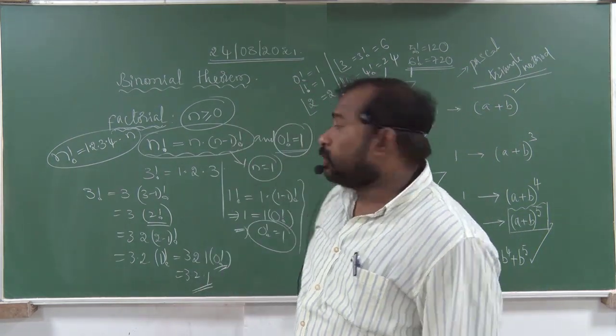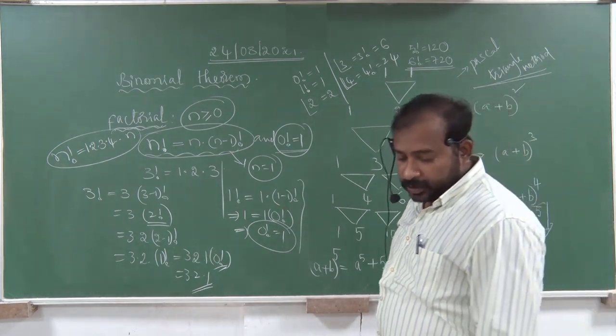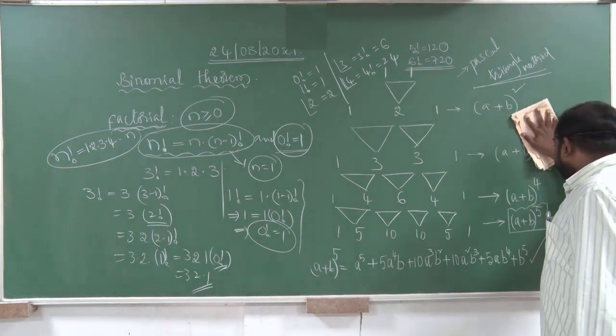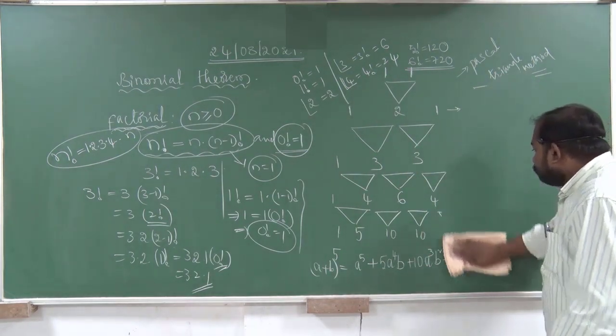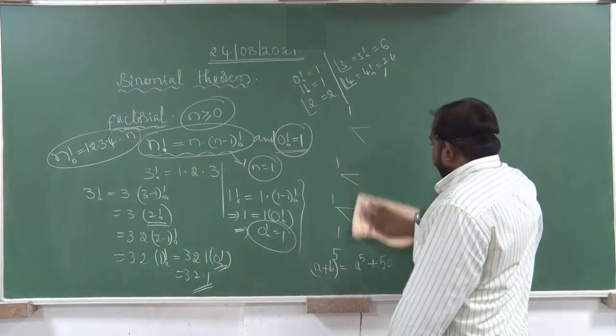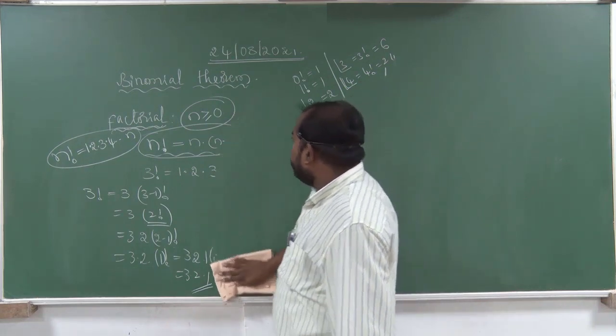That's it. So this is named the factorial notation. After this factorial notation, listen next. I hope you can understand this factorial notation.